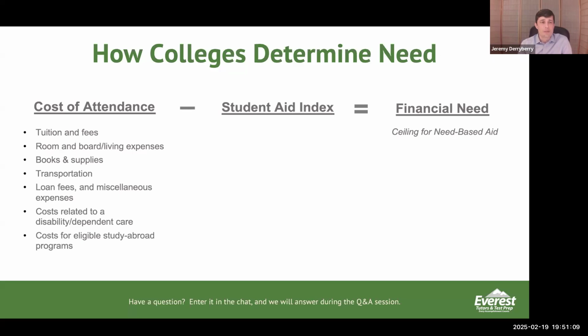Once you've gone through this process and you get your financial aid letter, you may disagree with that. One thing I advocate for parents is, if you have a college that your child is very much interested in attending and you feel like the college is not meeting the need that you think they need to meet, it is okay to call up the financial aid office and advocate and explain why your situation has changed.